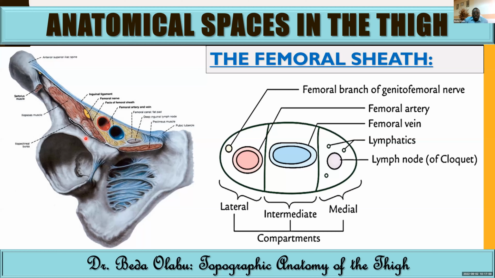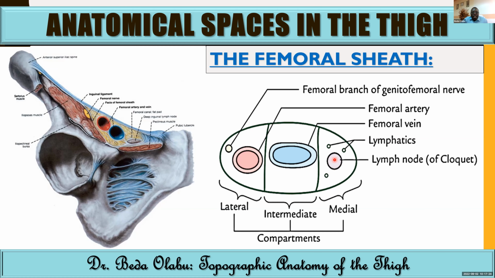So this is the cross-sectional anatomy of the femoral sheath with the contents. Lateral compartment: common femoral artery and femoral branch of the genitofemoral nerve. Middle compartment: femoral vein. And the medial compartment is called the femoral canal.